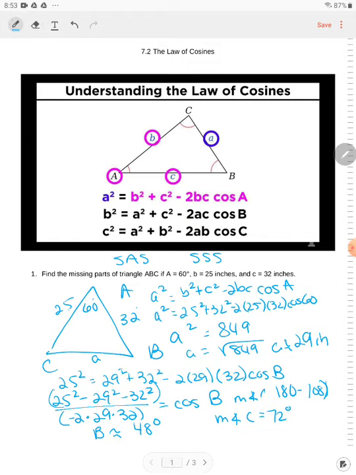So if you notice, we have found all the pieces. There is 1, 2, angle A is 60, 3 angles, and then we have side A going up here, side B and side C lengths given.